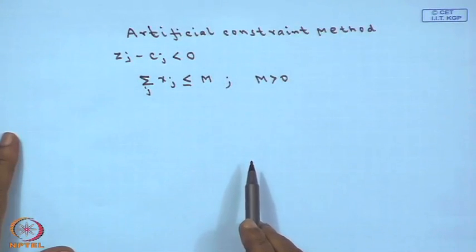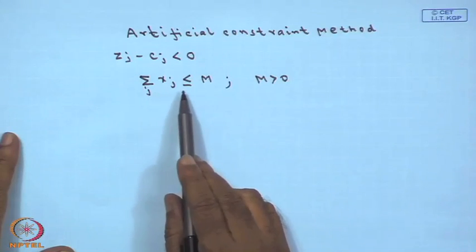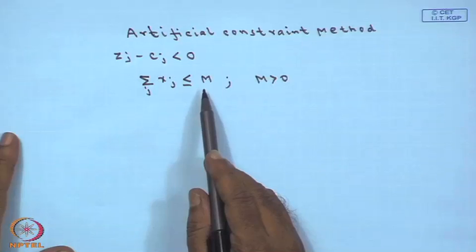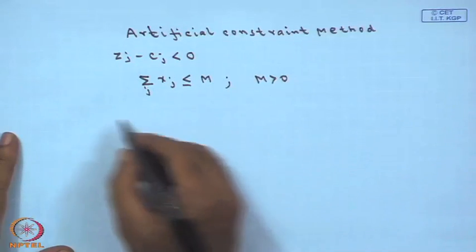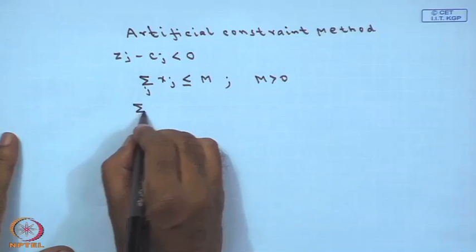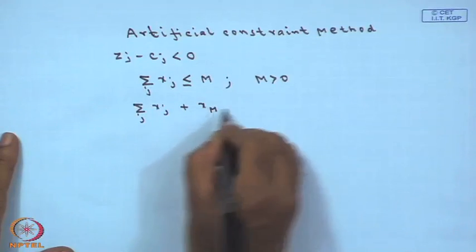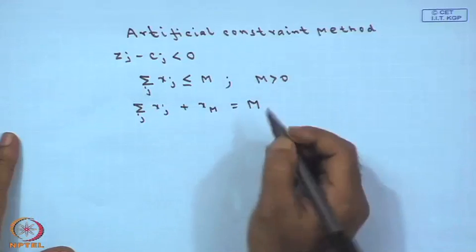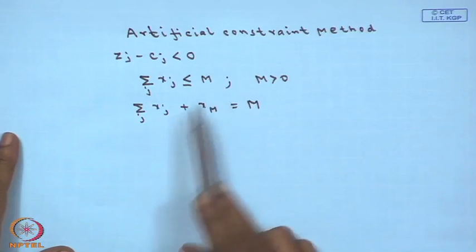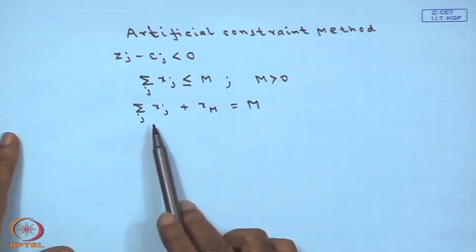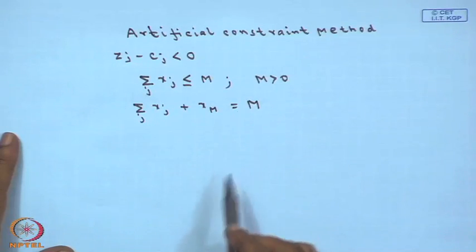Now, you add a slack variable, say x_m, and write this inequality as summation over j of x_j plus x_m equals M.